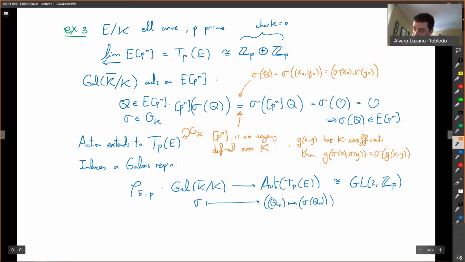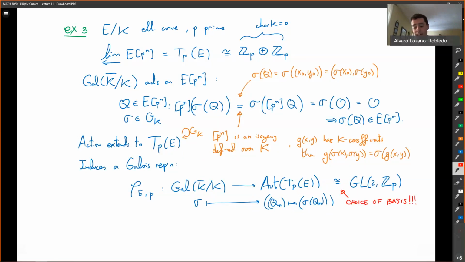Okay, this is non-canonical. I need a basis. There's a choice of basis here. This I'm going to write in red. Okay, that matters, but it only matters up to conjugation.